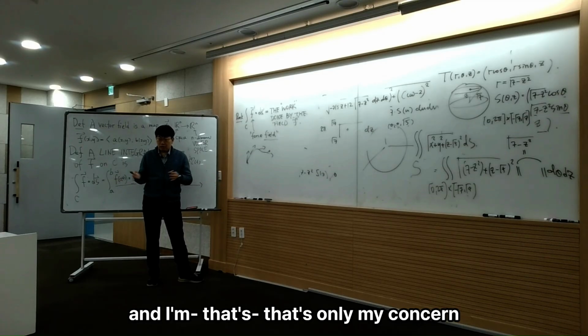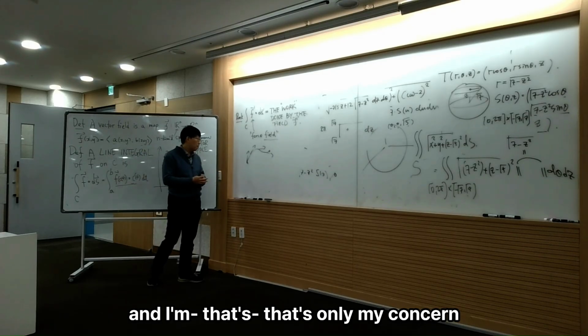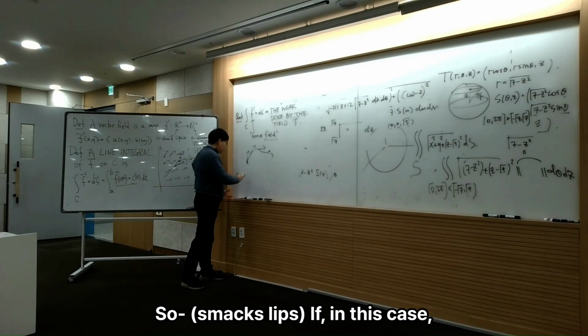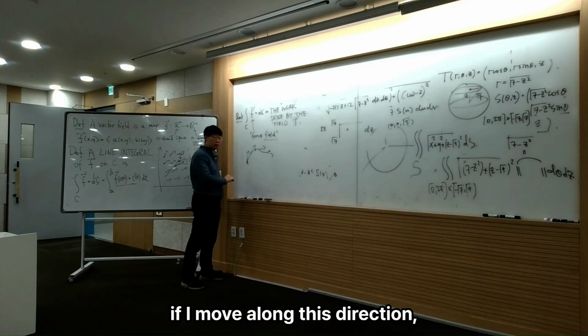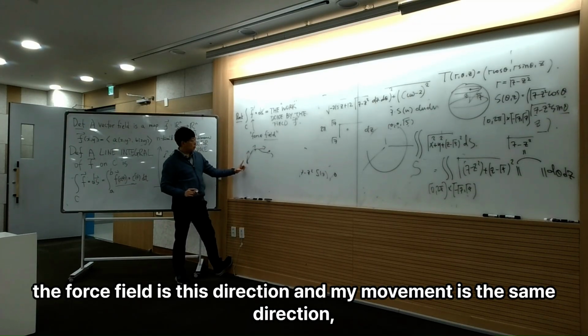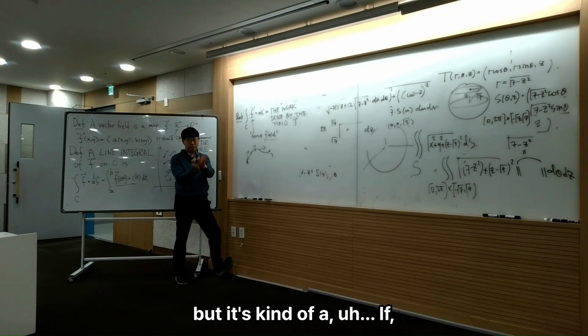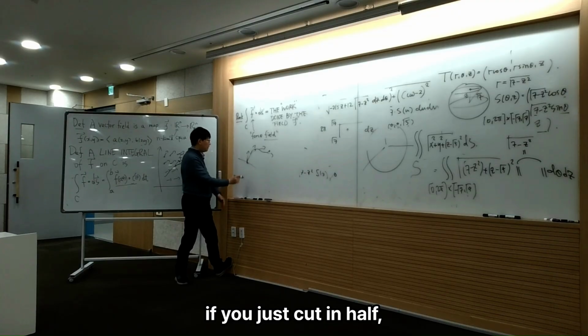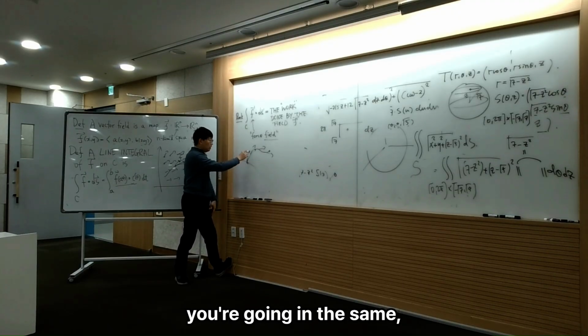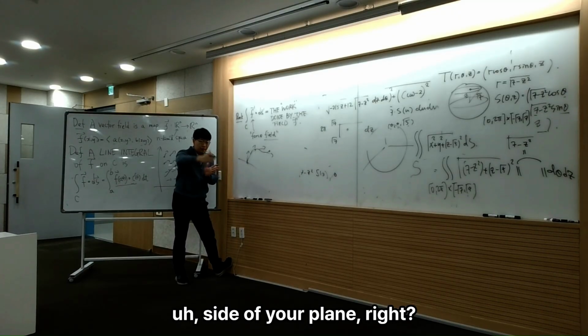In this case, if I move along this direction, the force field is in this direction, and my movement is about the same direction. If you cut in half, you're not going opposite. You're going to the same side of your plane, right?